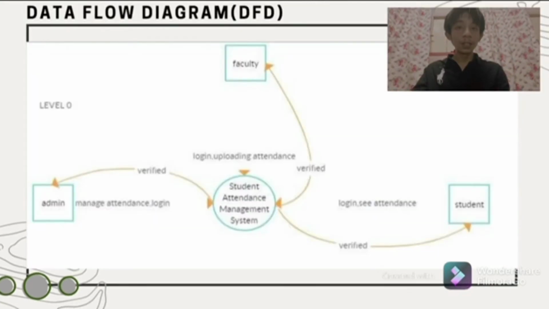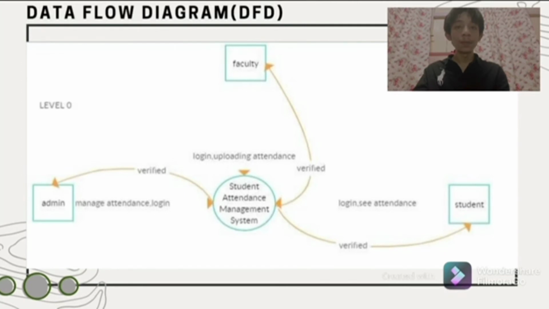The next part is the data flow diagram, known as DFD. If the user opens the system, it will take the user to the login session and ask the user to enter their email and password.